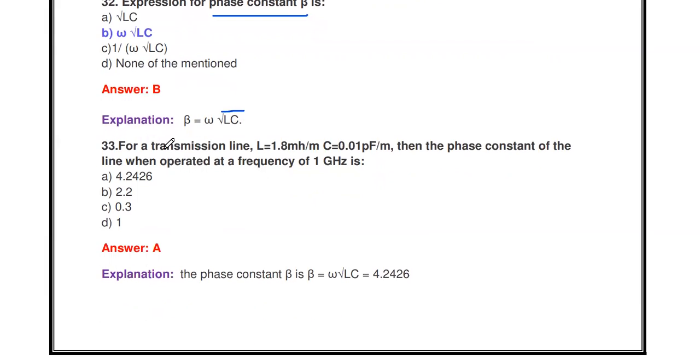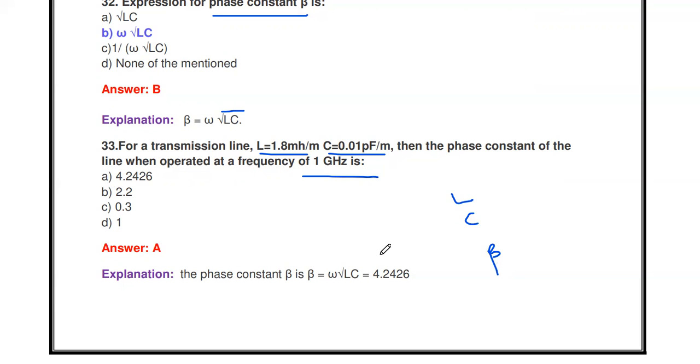Then the next one: for a transmission line, L equal to 1.8 millihenry, C equal to 0.01 picofarad, the phase constant of the line when operated at a frequency of 1 gigahertz is dash. Here, what data are given? L given, C given. What is the question? The phase constant beta.